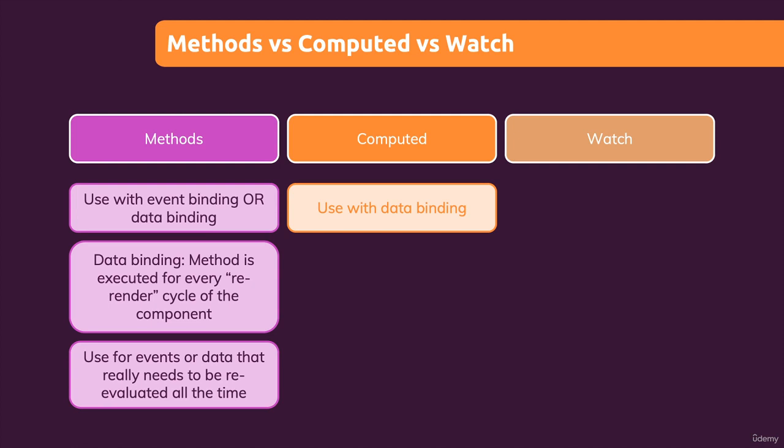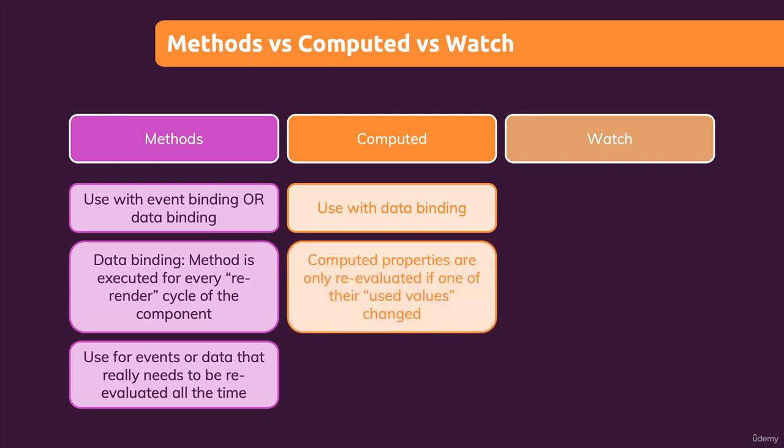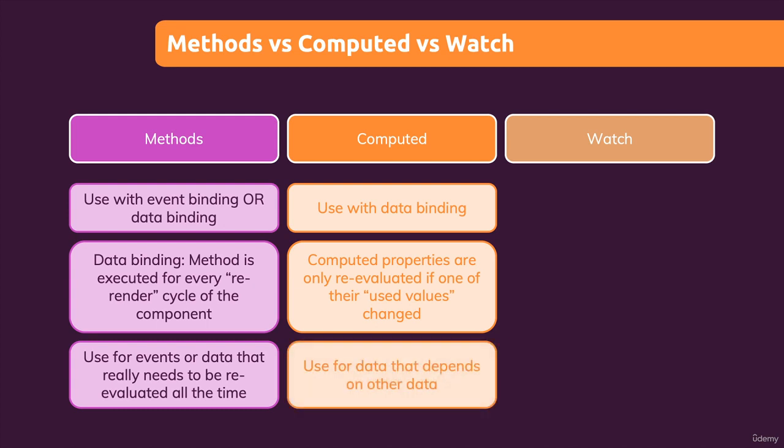And computed properties are great to derive data that's based on other data, with the advantage that they will only be re-evaluated and re-executed by Vue if the dependent data changed. So if the data used inside of the computed property changed, they will not be re-evaluated if some other data changed. And therefore, use them for data that depends on other data.